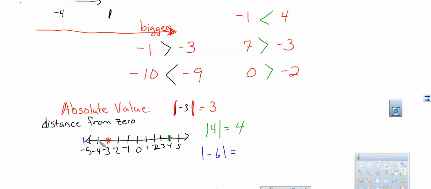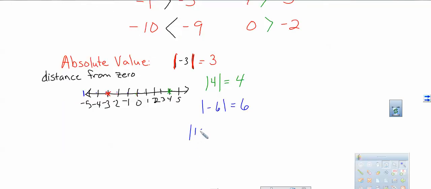It would be 1, 2, 3, 4, 5, 6. The absolute value of -6 is 6. The absolute value of 100 is 100. The absolute value of -200 is 200.